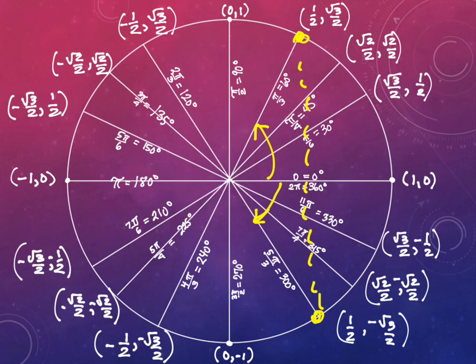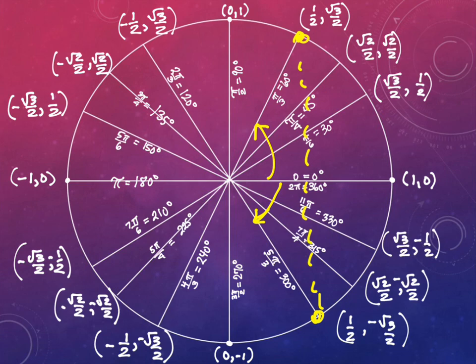It's the same x value whether I went up or down. And notice all of the x values do that. It doesn't matter if I'm at pi over 3 or pi over 6 or pi over 4. They're all going to do that between quadrants 1 and 4.